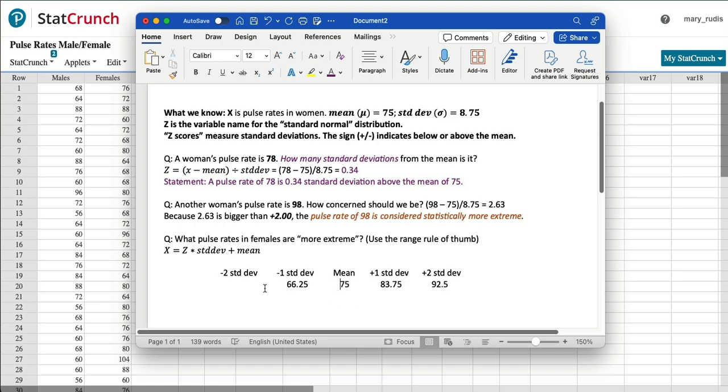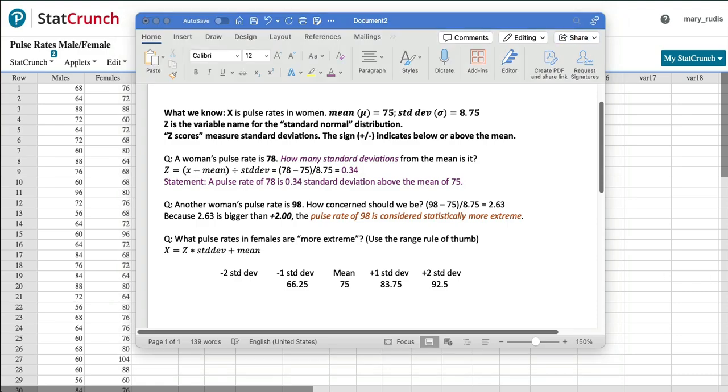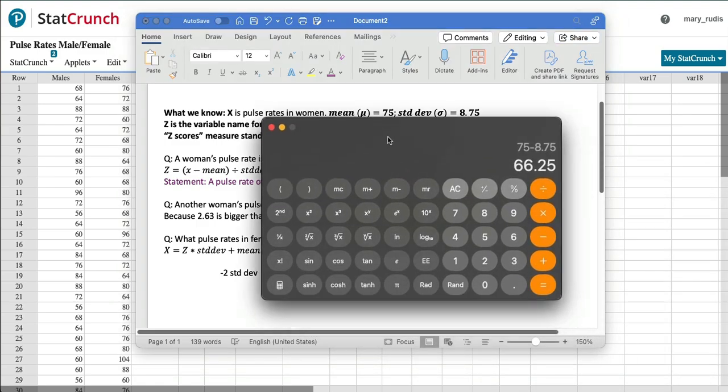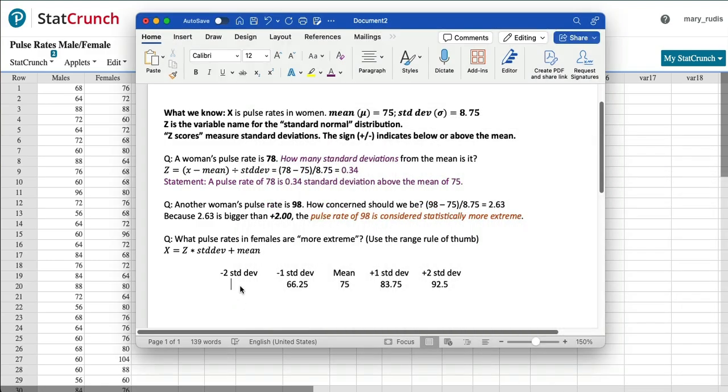Okay, I need to line these up. Okay, and let's do one more. Let's subtract another 8.75. We just keep adding and subtracting the number that is sigma, your standard deviation. So that's 57.5. Okay. And I want to pull this back here.